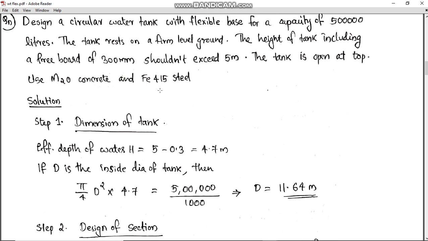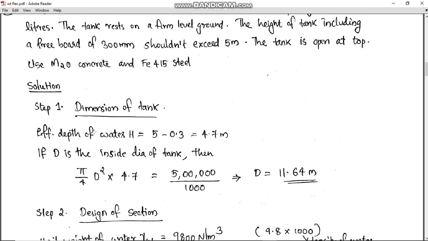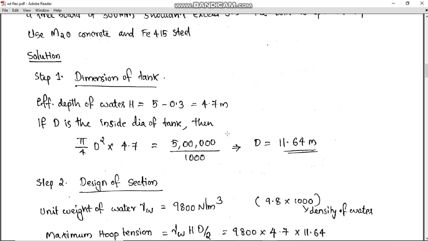So here we have the effective depth of water as 4.7 meter, and if D, capital D, is the inside diameter of tank, then volume of tank is equal to area into height, that is pi by 4 D square into 4.7.